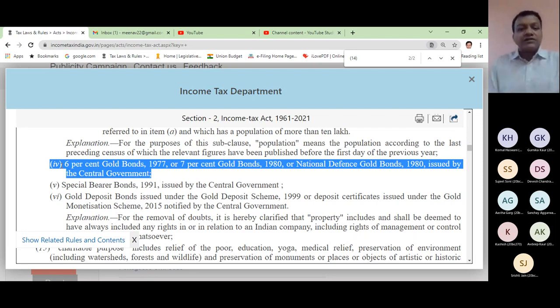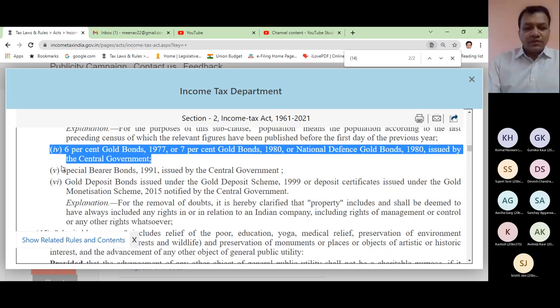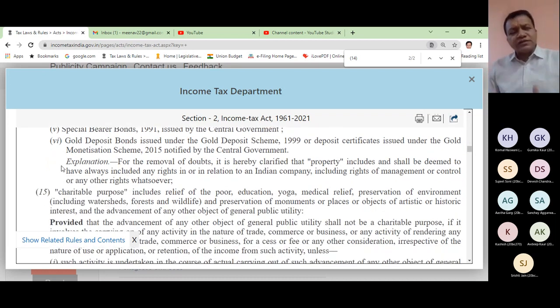Like right now, currently the scheme which is going on is the sovereign gold scheme. There is a scheme, sovereign gold scheme, which is coming for the past 4 to 5 years on half yearly basis, where you can invest the amount in those gold bonds.